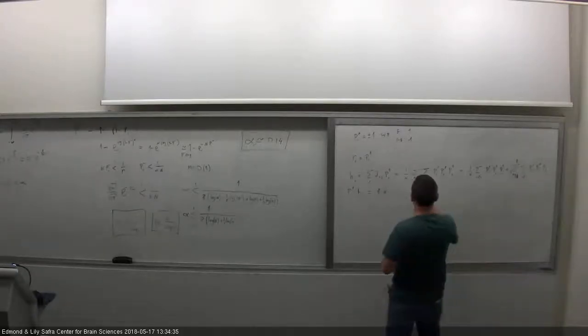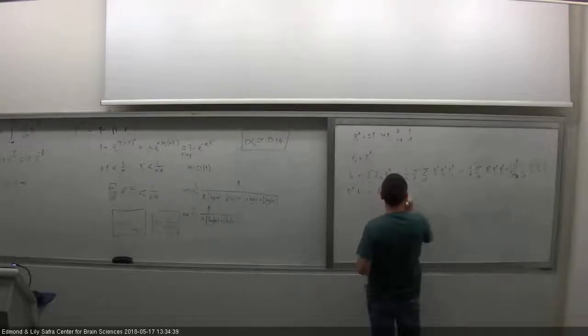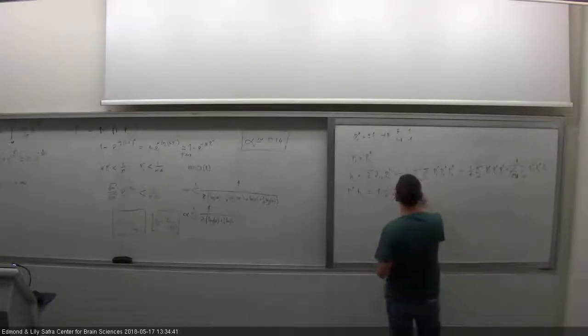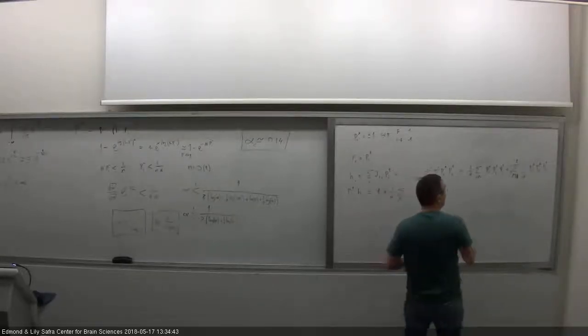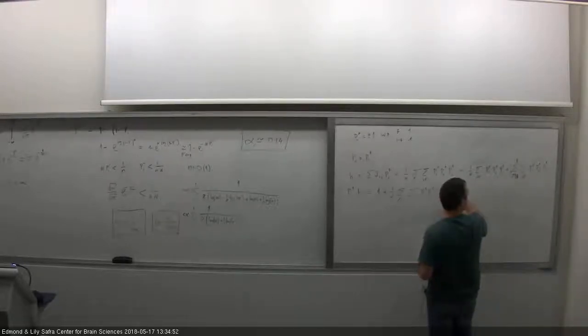So this would be plus 1 over n, sum over mu, sum over j, pi1, pi mu, pj1, pj mu.